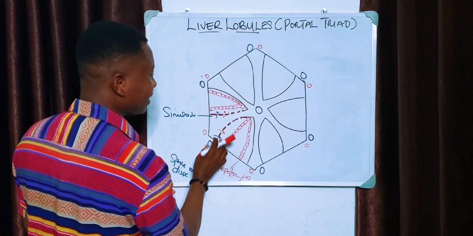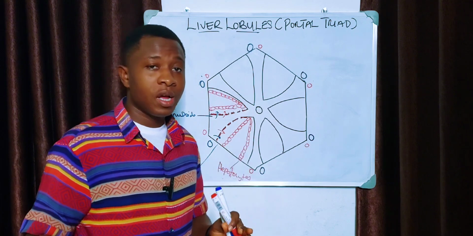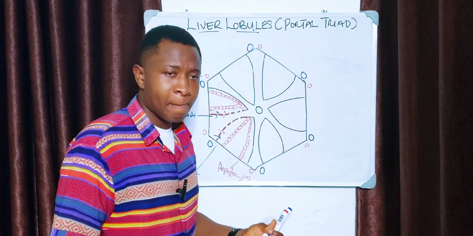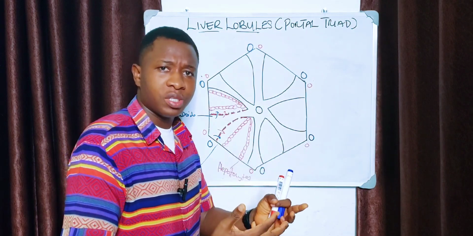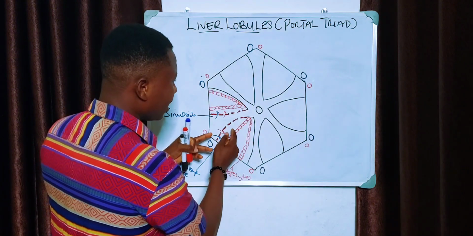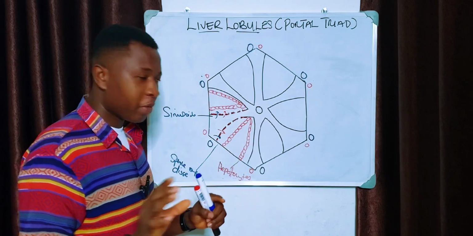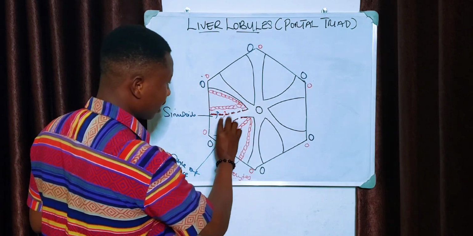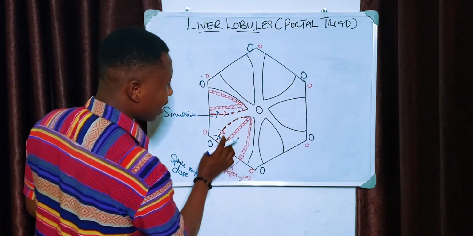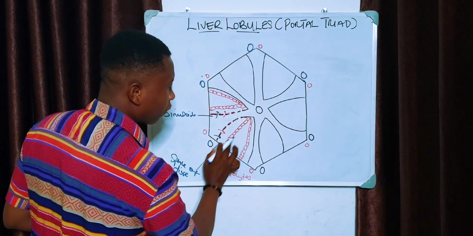Okay. Now, substances move into the space of Disse. These substances are taken up by the hepatocytes. All right. So one of the major functions of the hepatocyte is that it takes in substances and it gives out substances. For example, it gives out proteins like albumin, which later goes back. So what happens here is that there is a multi-directional movement. You have the substances moving into the space of Disse and substances also that are released as a result of the activity of the hepatocytes.